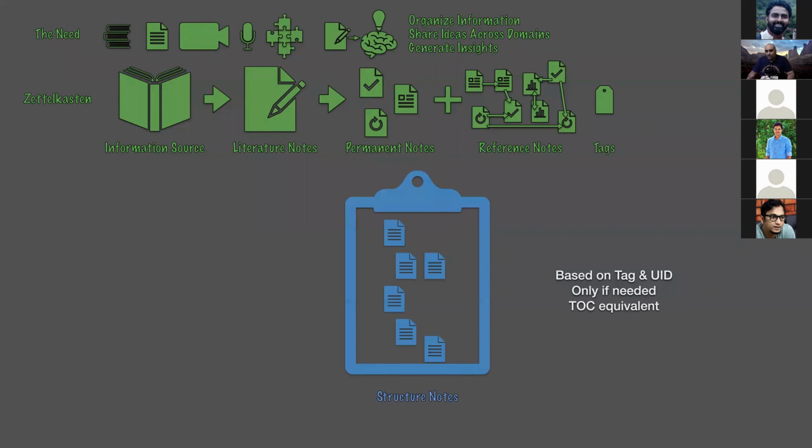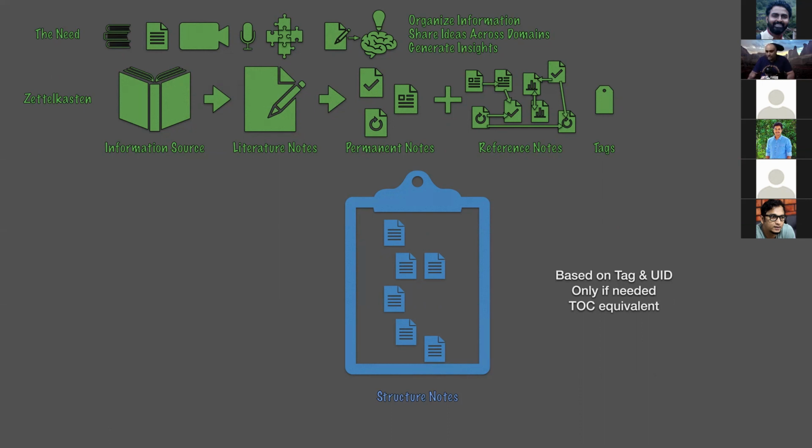A structure note is typically one of the biggest advantages of having a Zettelkasten, which is you try to organize information within certain tags based upon the UIDs of the permanent notes. So what ends up happening is you sort of generate a table of contents for a group of ideas. And if you want to take it one level further, you can actually generate a book out of this.